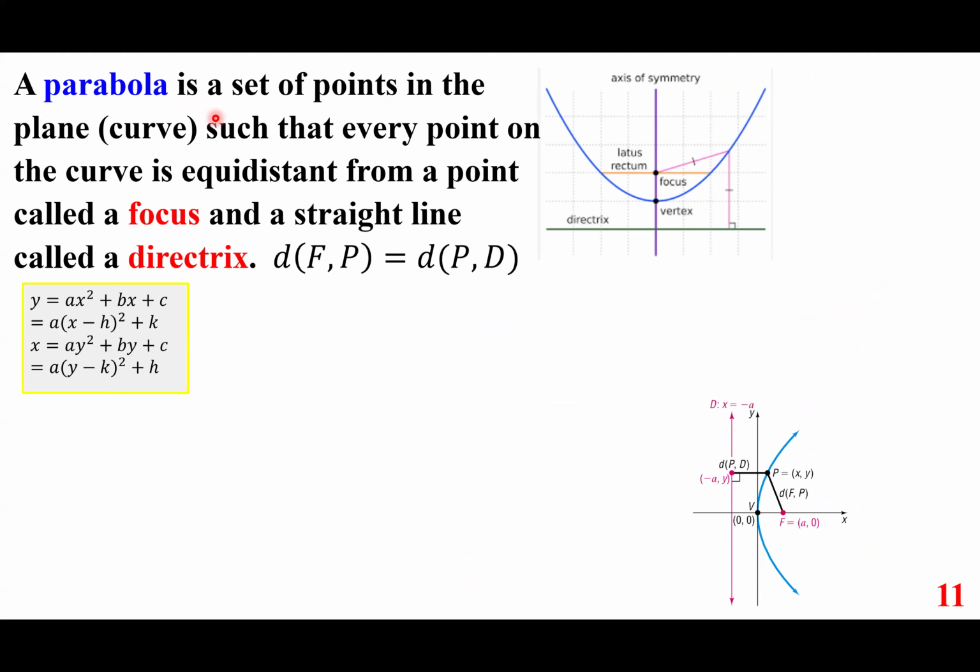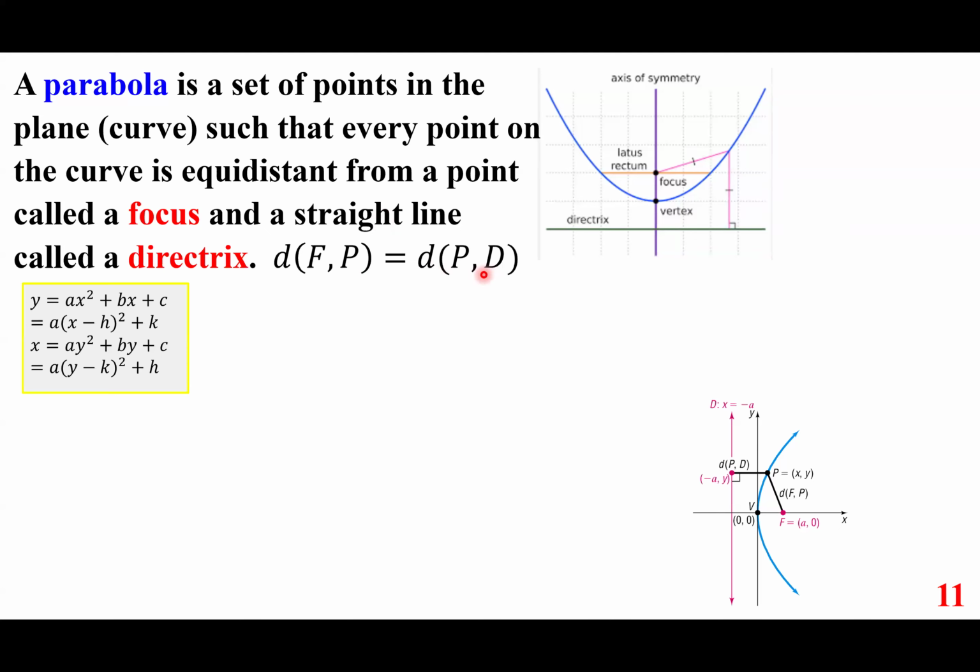A parabola is a set of points in the plane, or curve, such that every point on the curve is equidistant from a point called a focus and a straight line called a directrix. The distance from the focus to any point P, and the distance from P to the directrix, is the same.